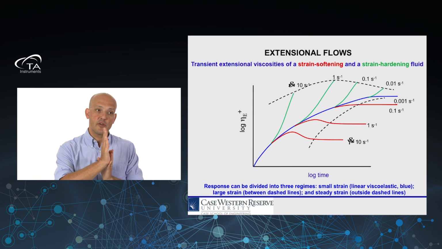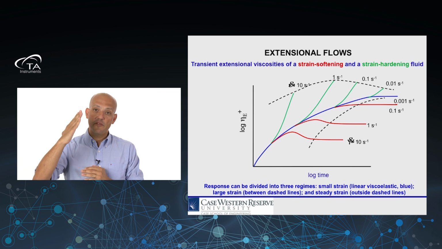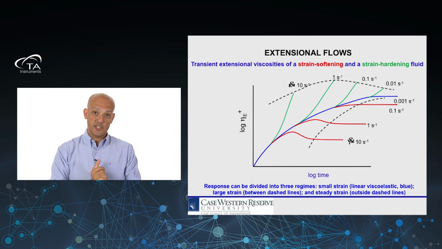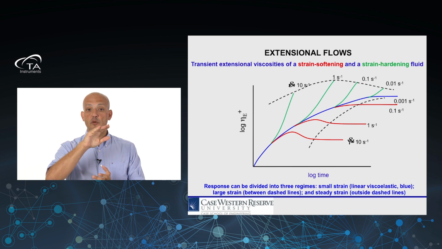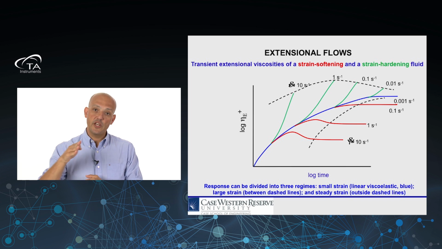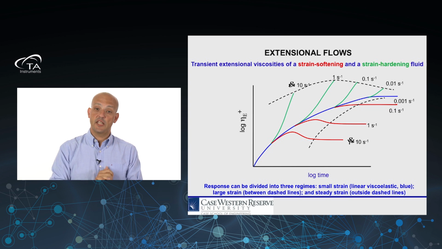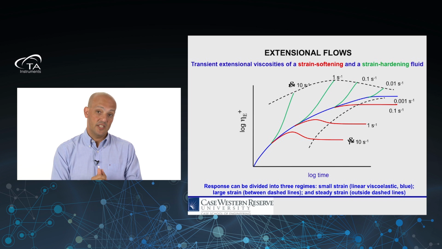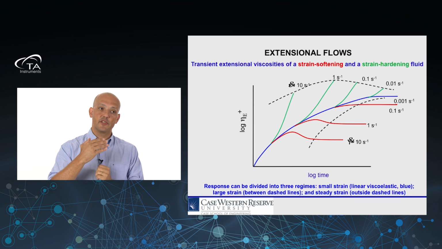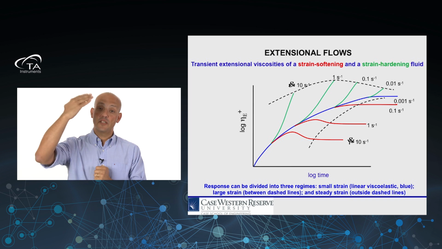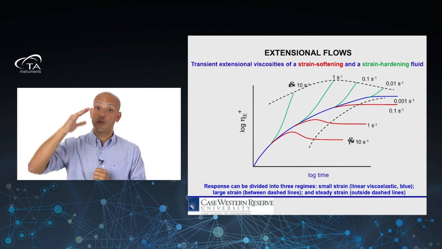As we increase the strain rate, there's an upward deviation from the linear viscoelastic curve. Okay? And ideally, we would like to have those green curves to level out and have a steady state measurement. In most cases, that is not possible because the sample will rupture before that steady state is achieved. These materials we call strain hardening materials. And the extensional viscosity deviates positively from that limiting factor of 3.